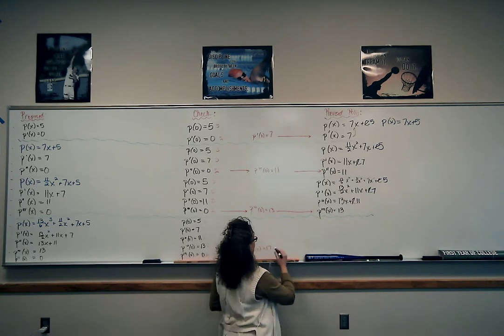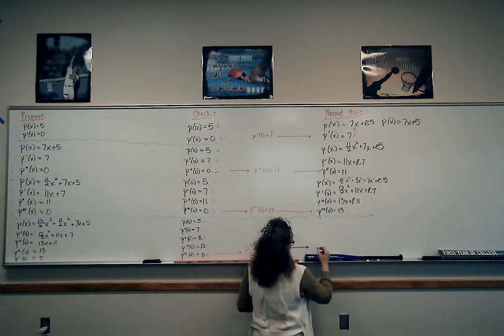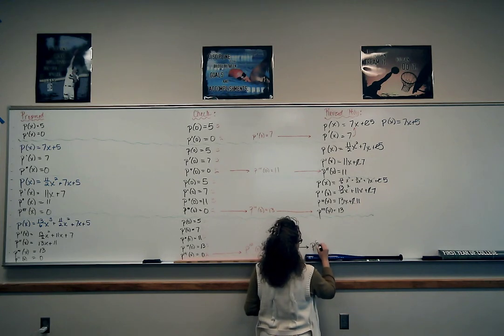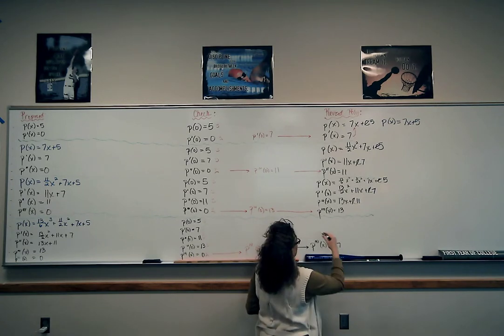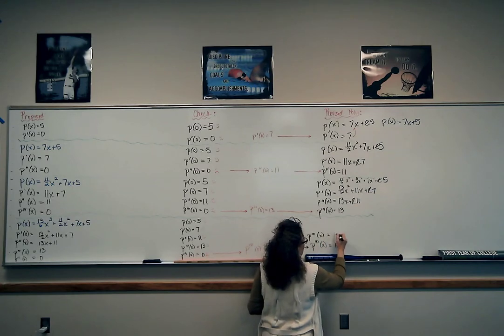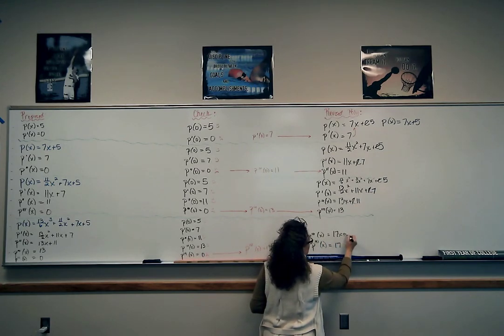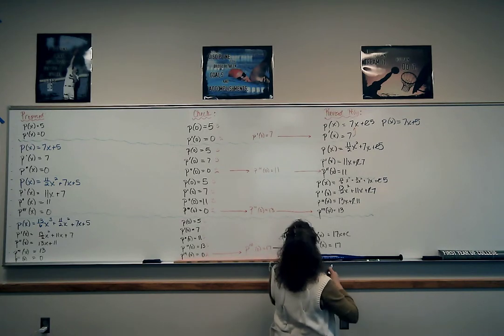So let's make a different polynomial. P fourth derivative of x equals 17. Do an anti on it. 17x plus a constant. Do I have an initial value for P triple prime?